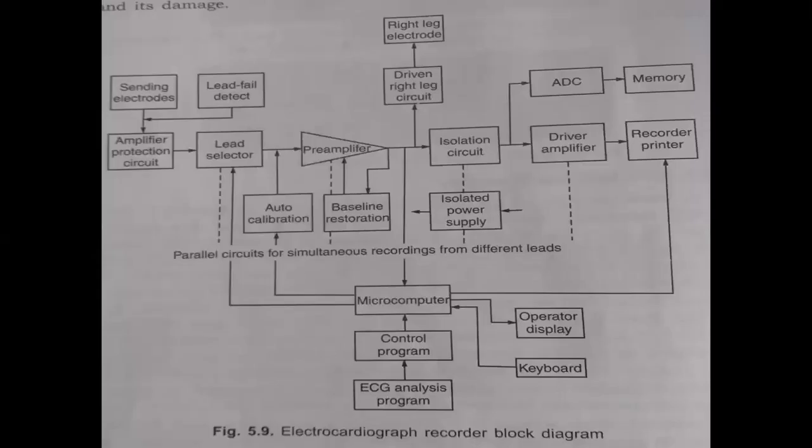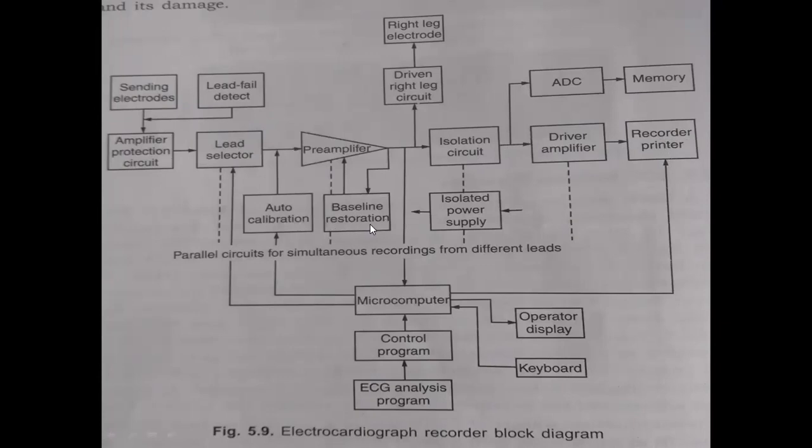And this is another ECG machine with elaborated blocks. Here we have sensing electrodes, amplifier protection circuit, lead fail detect, lead selector, preamplifier, isolation circuit, driver amplifier, recorder or printer.